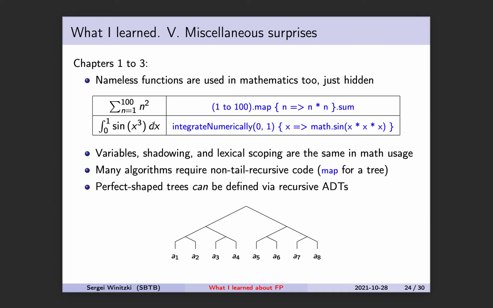And this is exactly the same as the usage of variables in mathematics. So I realized that these rules that one learns in functional programming of lexical scoping and shadowing of variables and so on, they just come straight from mathematics. They are the same rules that mathematicians developed.